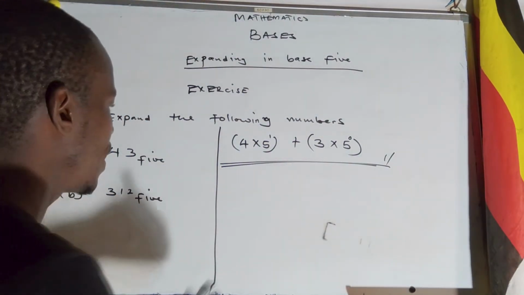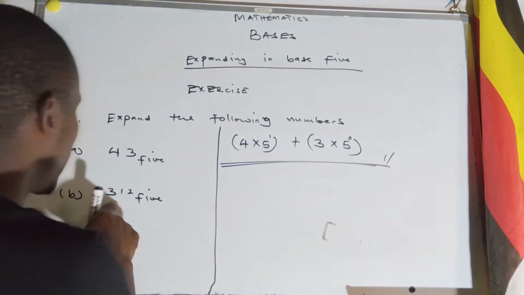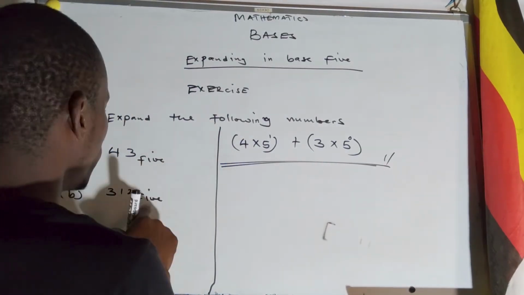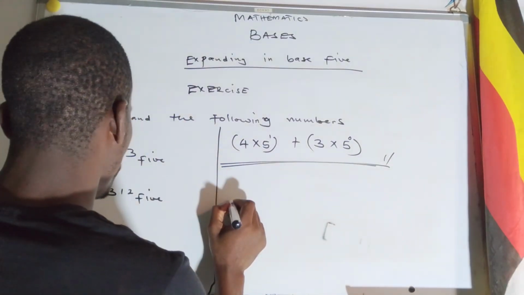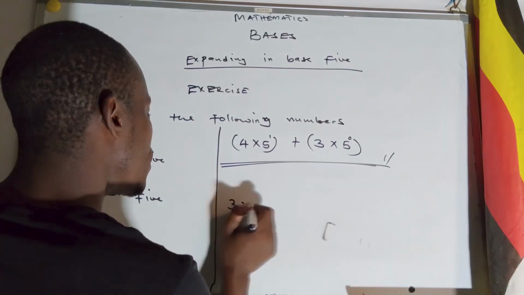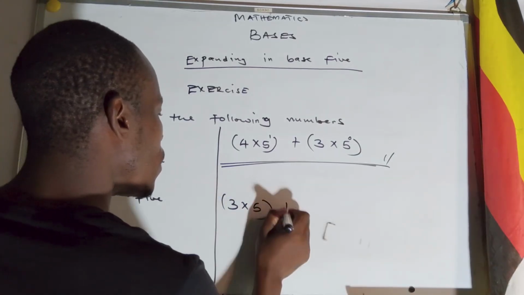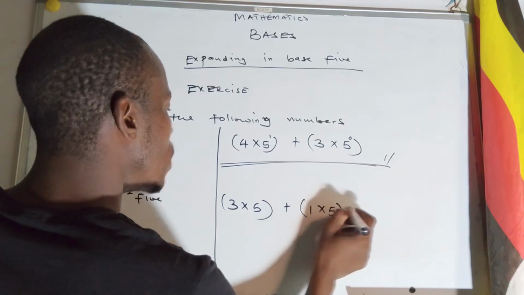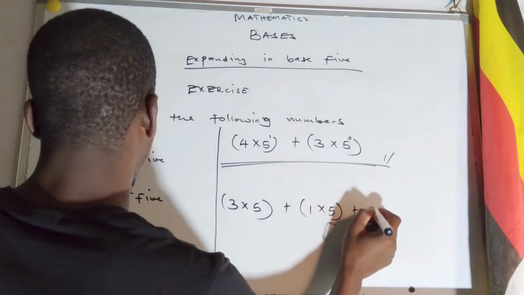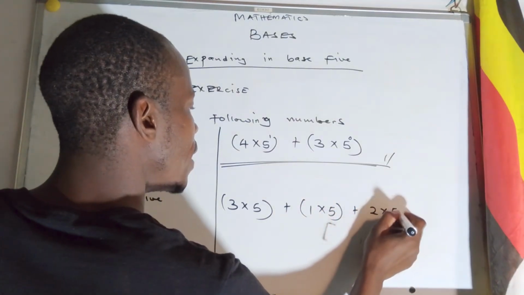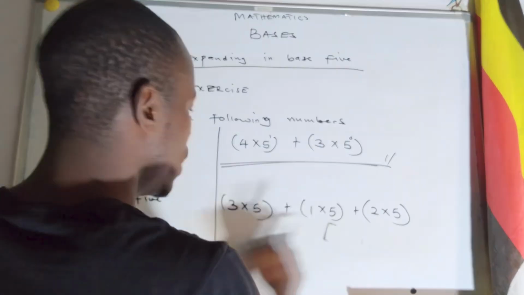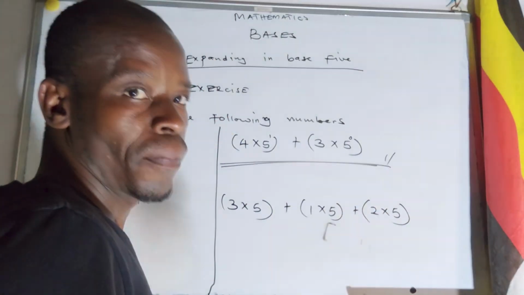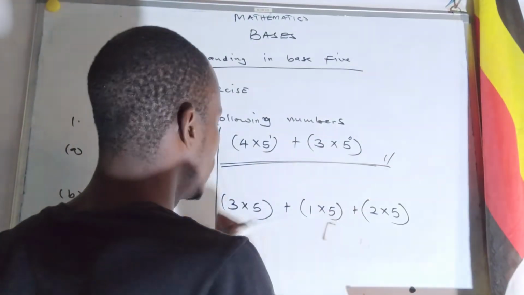3, 1, 2, base 5. Also you do like this, multiply each digit here by its base, which is base 5. So you start with 3 times 5 plus 1 times 5 plus 2 times 5. Then after all, we give them powers. Starting this side, coming this side.